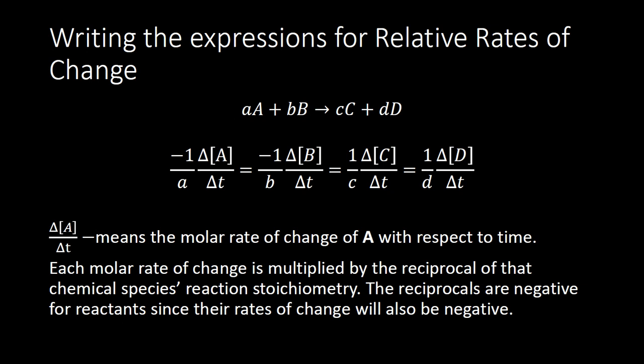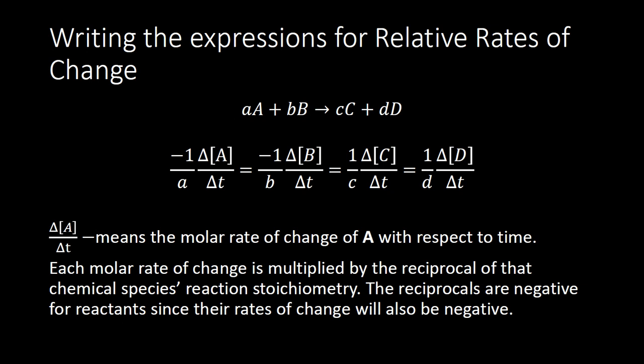And to do this, the first thing is always have the Greek letter delta, that triangle, as part of the rate of change for each chemical species. To write the rate, that would be delta concentration over delta T. Concentration represented with brackets.